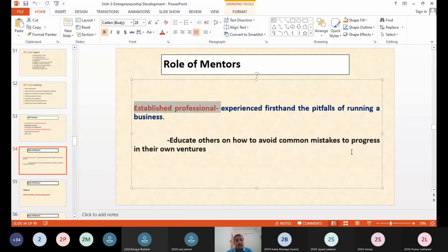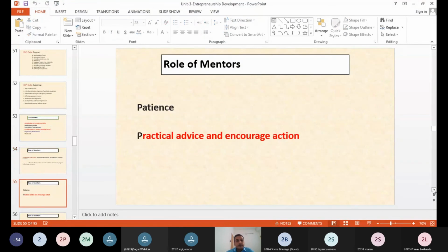These mentors educate on how to avoid common mistakes to progress in their own ventures. So these mentors can help budding entrepreneurs with guidance related to different mistakes that can be avoided while managing a business. These mentors also offer patience while providing the information or guidance to these entrepreneurs.